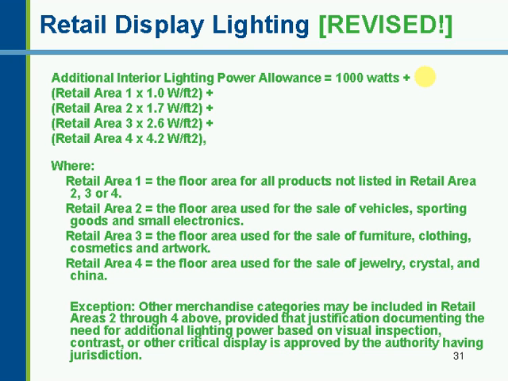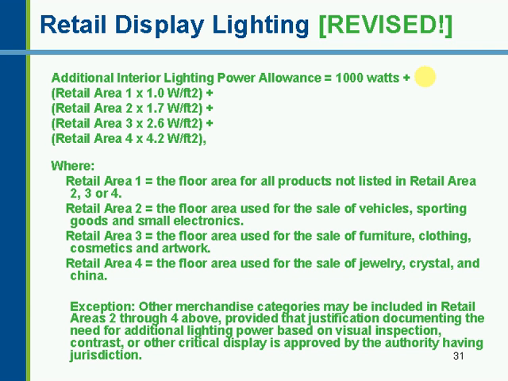The 2 big changes here are that there are now 4 categories with better defined merchandise types, and the allowance is no longer based on display area, which is sometimes hard to calculate. It's now been backed off to apply to the retail sales floor area itself, so it's much easier to apply. The compliance has been calculated so that it works similar to the process before. It's just a lot easier to apply.